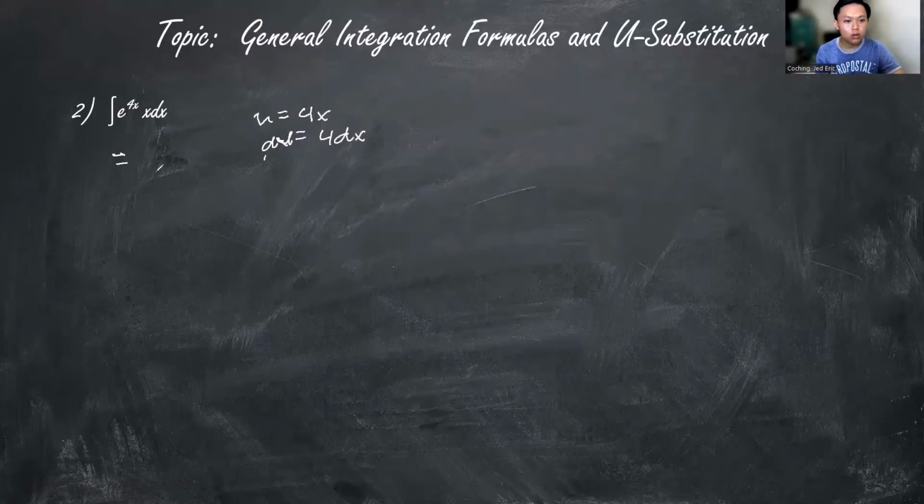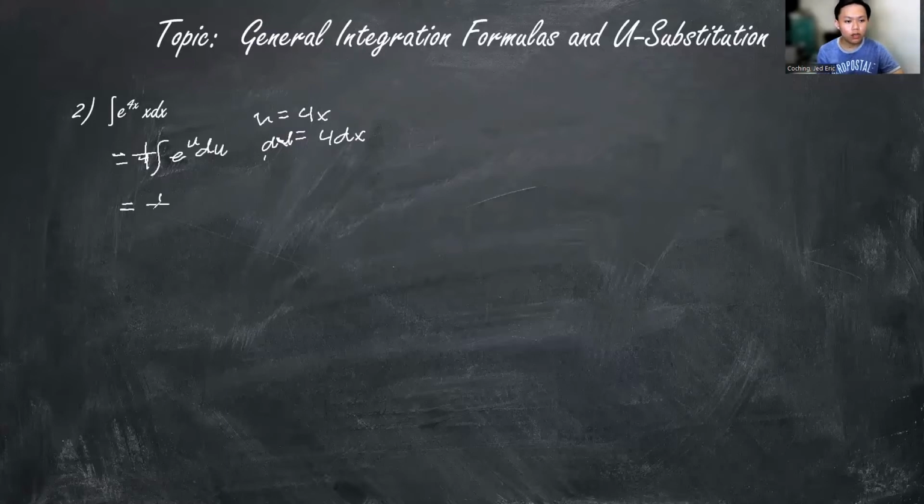Now we replace these values in the problem, so it's going to be 1/4 times the integral of e raised to u du, and this can be answered now.